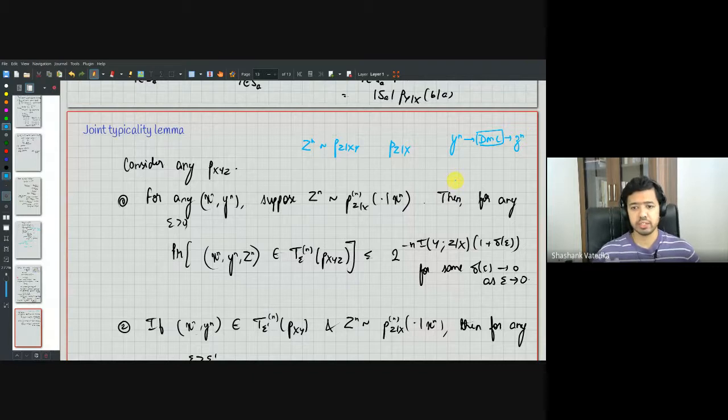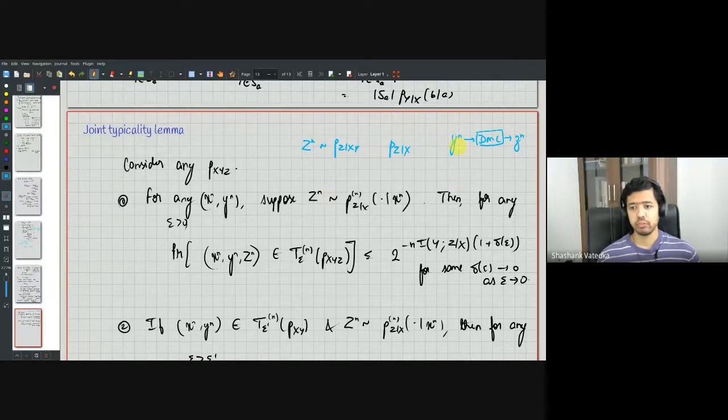And x^n is some kind of shared information. In the channel coding theorem for the point-to-point case, we'll not really use x^n, but only have y^n and z^n.